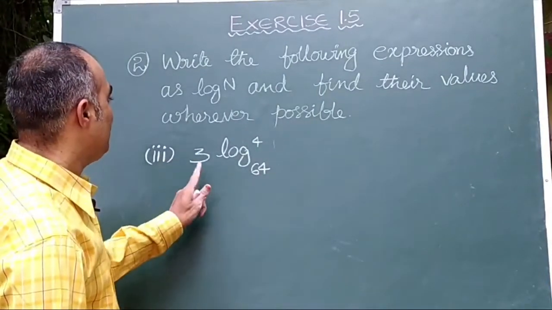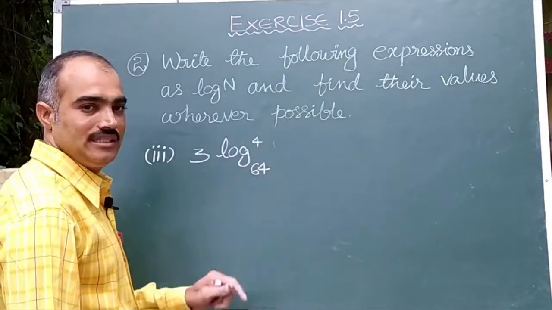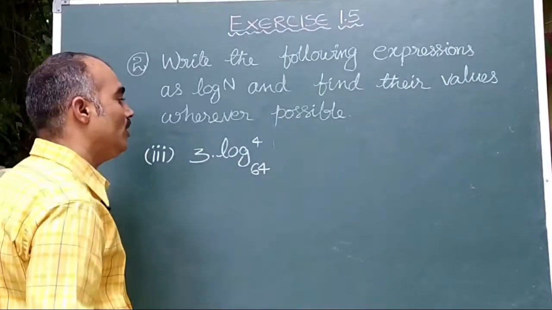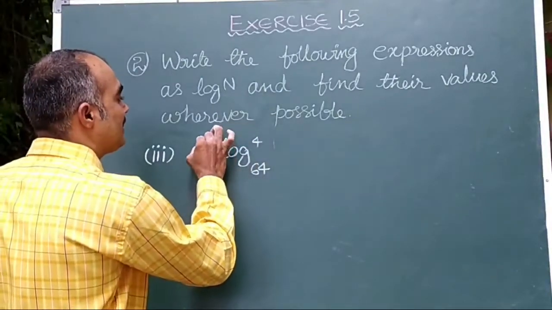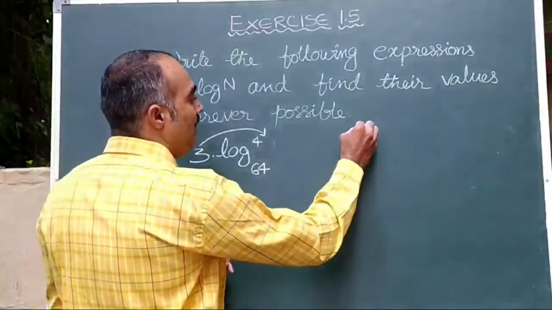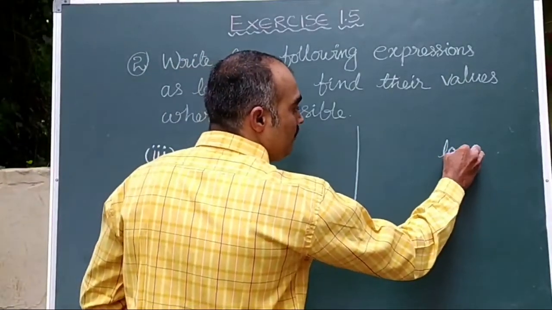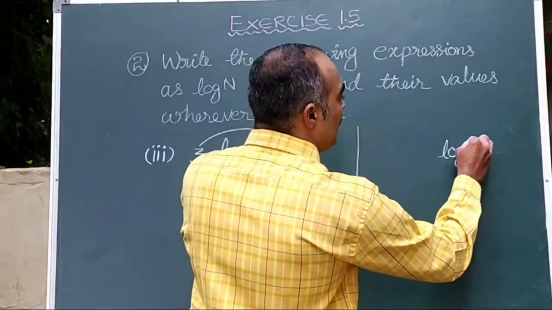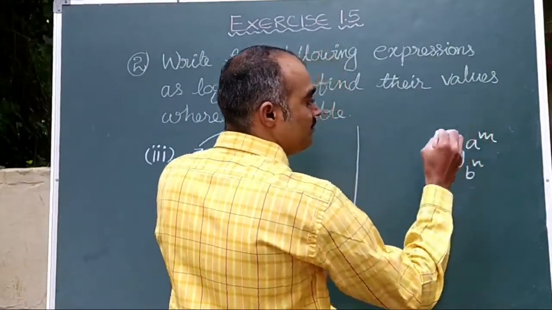Next one, that is the third bit, 3 into log 4 base 64. So it can be written as a single logarithm. Let us send this 3 as a power. We have already discussed a formula, children: log a power m base b.